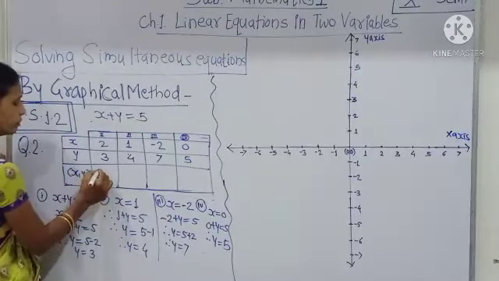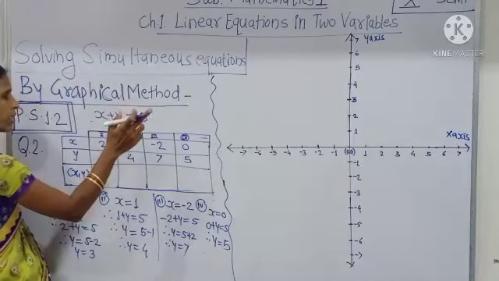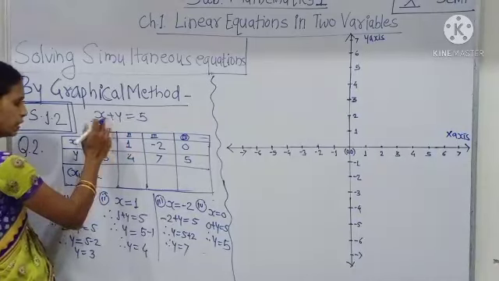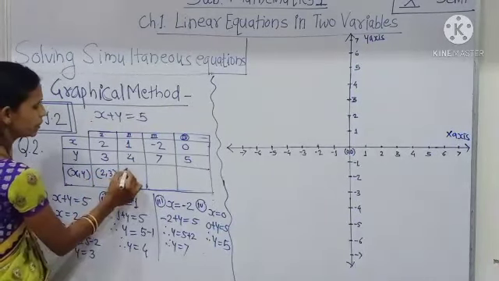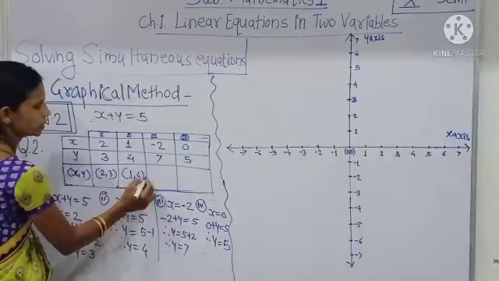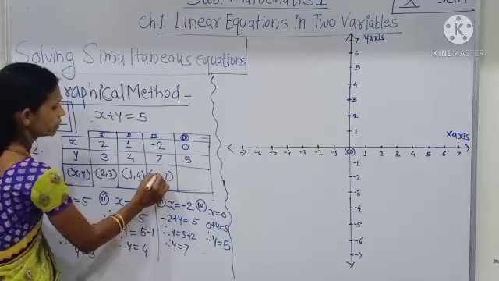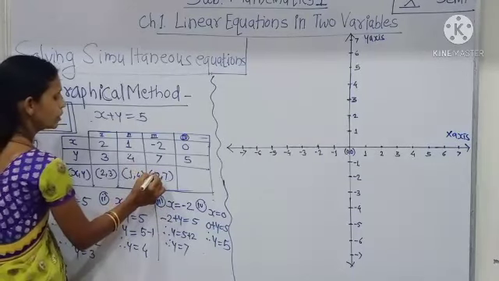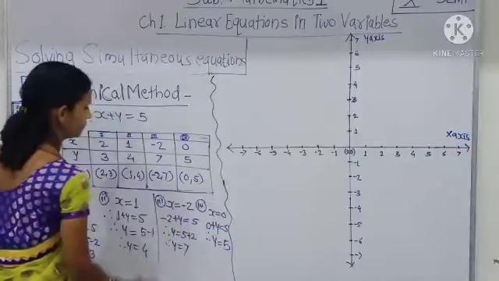Therefore, we get the 4 ordered pairs to draw the graph for this equation. That is (2, 3) is the first set, (1, 4) is the second set, (-2, 7) is the third ordered pair set, and the fourth one, that is (0, 5).